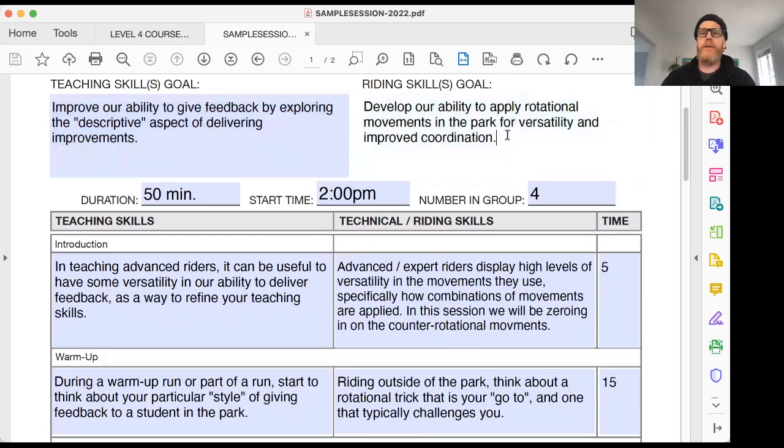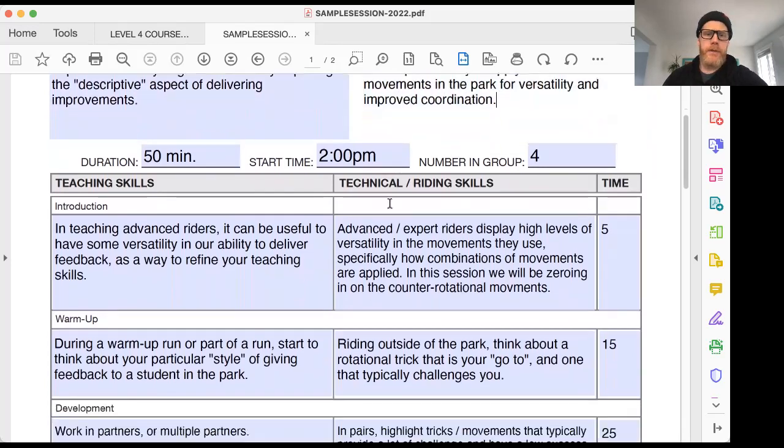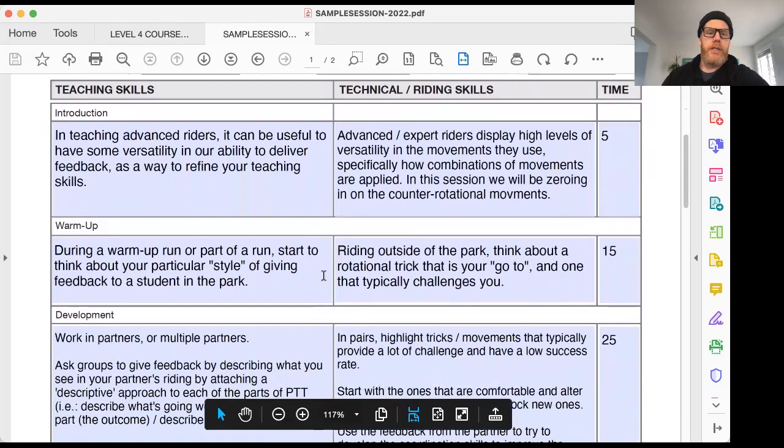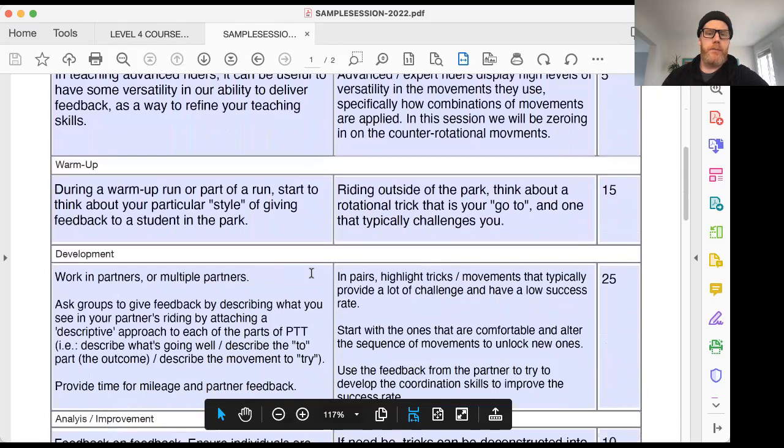And we should also have developed our ability to apply rotational movements in the park for versatility and improved coordination. So these are the two takeaway messages. And once you have those things really laid out, the rest of this stuff should fall into place, and it becomes much easier to fill in the rest of this session plan.